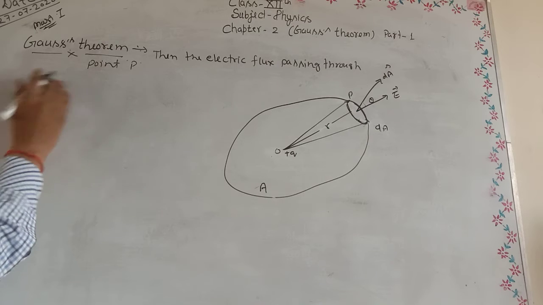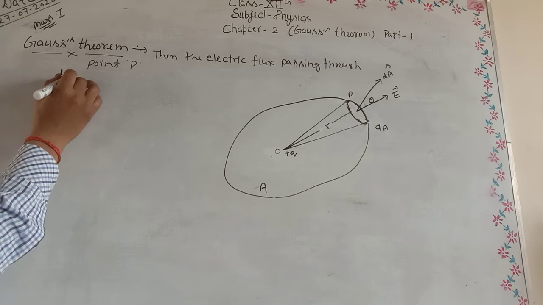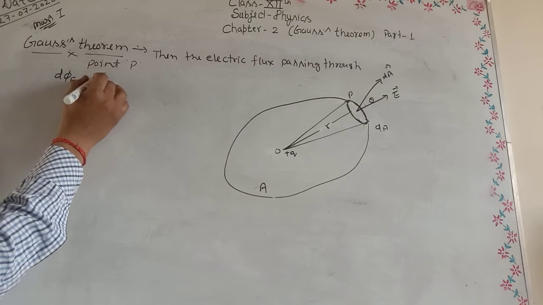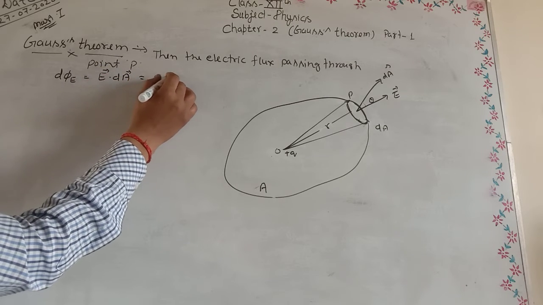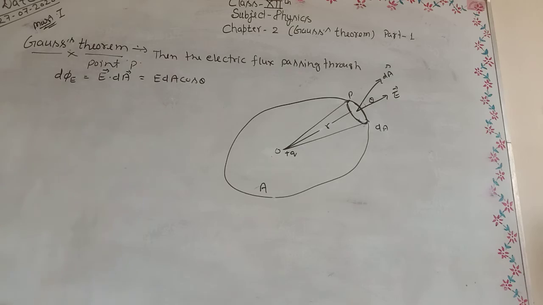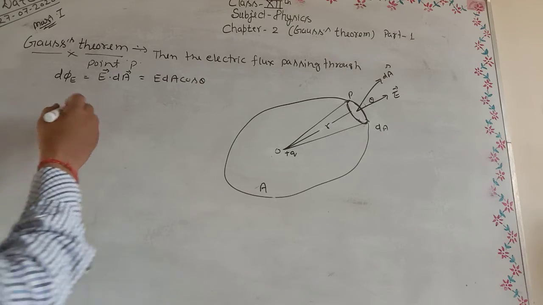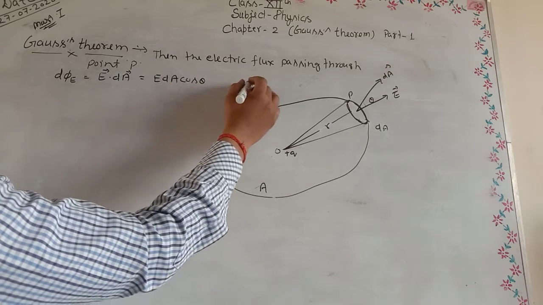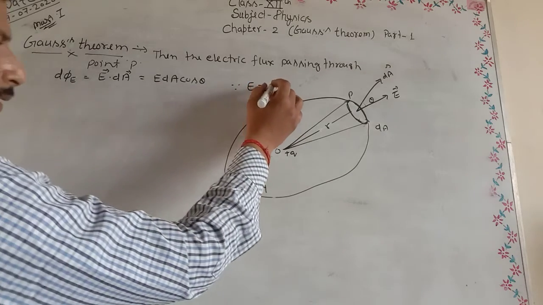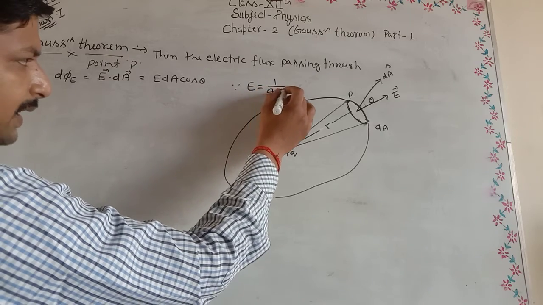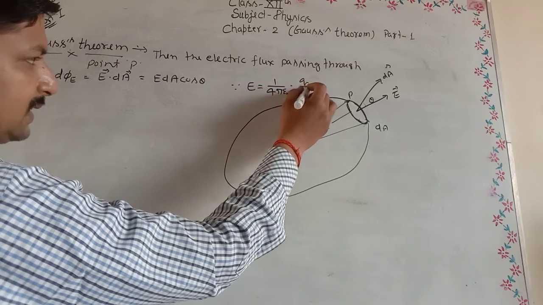d phi E is equal to E dot dA, same term E dA cos theta. Okay, then the value of E, the intensity of electric field due to a point charge, is 1 upon 4 pi epsilon 0 into q upon r square.